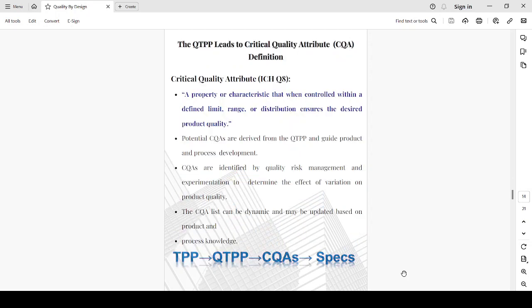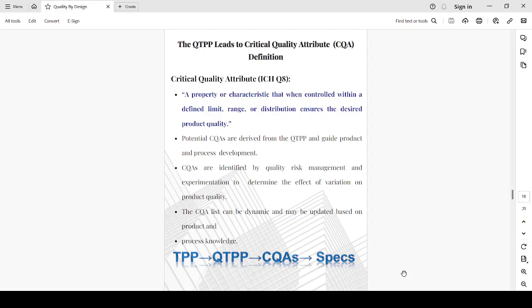So this QTPP leads to the critical quality attribute. If you see the definition as per ICH Q8, it is a property or characteristic that, when controlled within a defined limit, range or distribution, ensures the desired product quality.